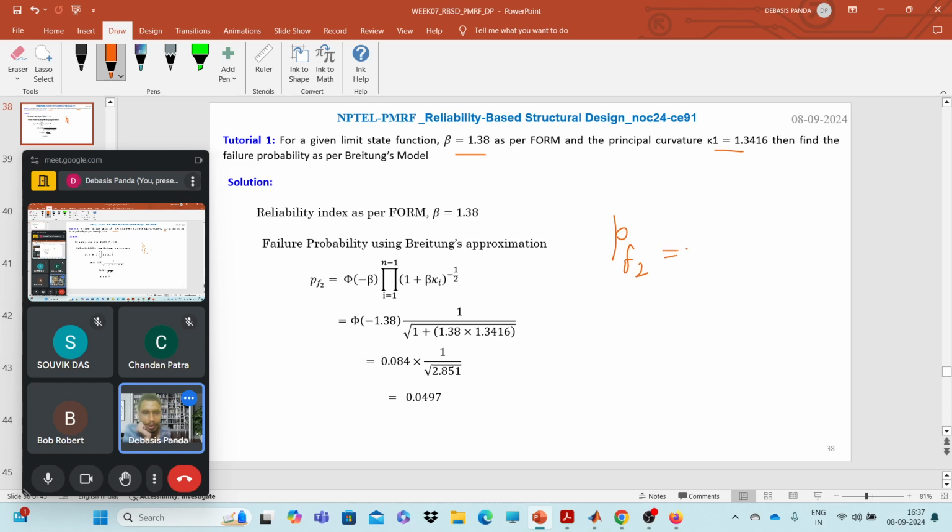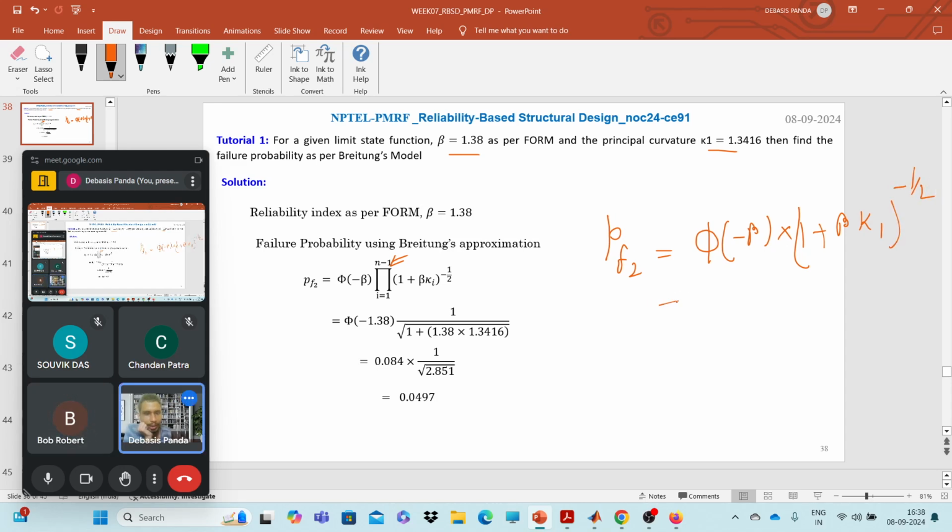Pf2, you have already seen: phi, the standard normal variate, of minus beta, multiplied by, since only one kappa is there, we don't need the multiplication sign, just write (1 plus beta k1) to the power minus half, and check whether we are getting this value or not. Check it. Here we already have all the values.